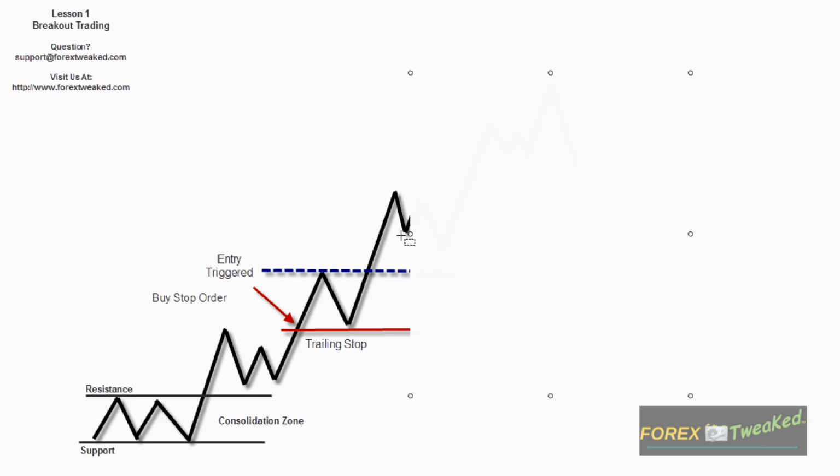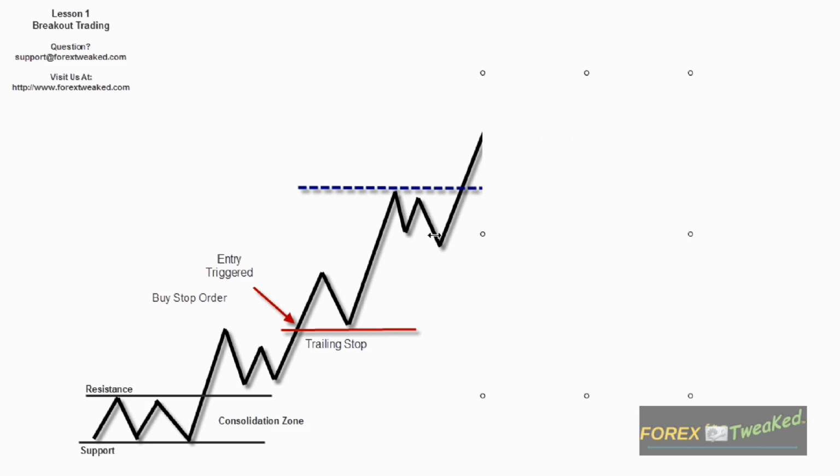So now we see another new high. Let's mark that area, and what we're looking for is another confirmation with a retest of that previous high, and we're hoping for price to break above that, and that will allow us to continue moving our trailing stop to protect our profits.